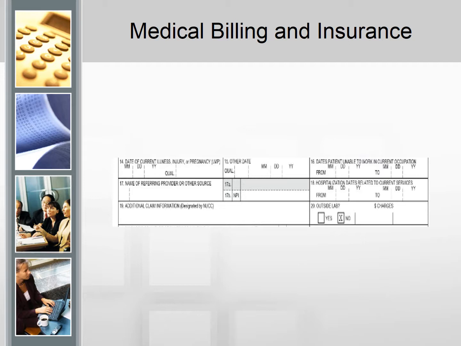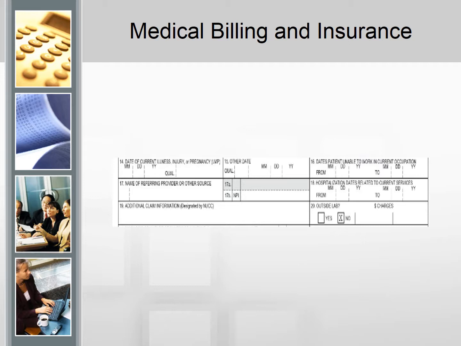Block 20 is one that you do typically fill out. You're going to enter either the yes or no if an outside lab or provider is being used for any of the charges. So if no outside provider is indicated, then you're going to X the no box.